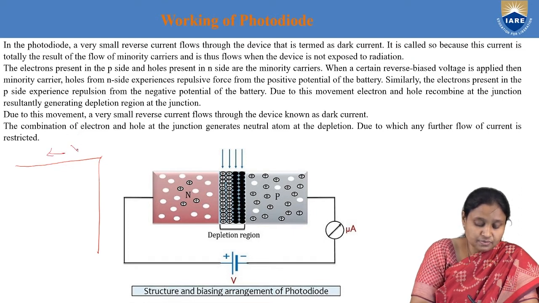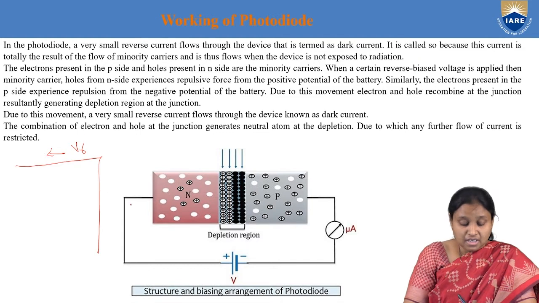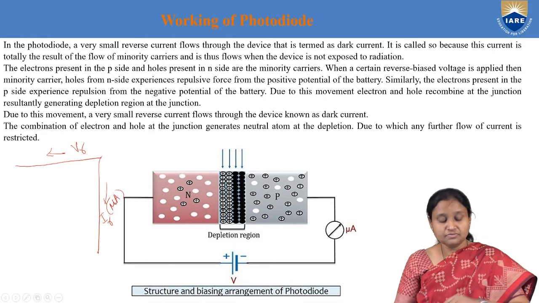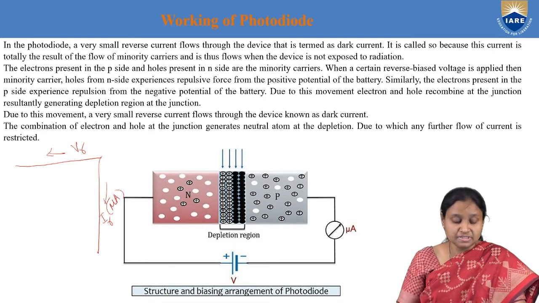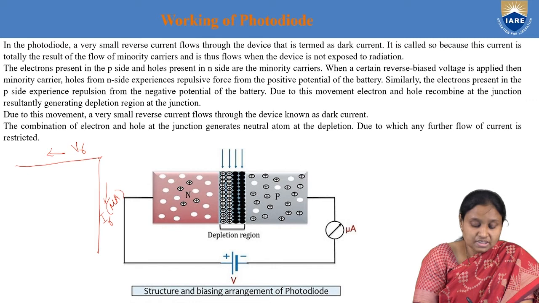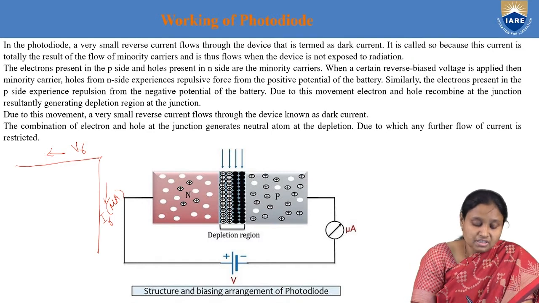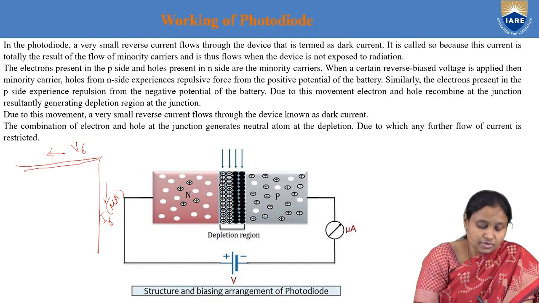Suppose this is our reverse voltage, which is negative, and this is our reverse current, which we usually measure in microamps. First, suppose we have not exposed our reverse bias diode to light, then a very small current flows across the diode. So this is how we have our current.